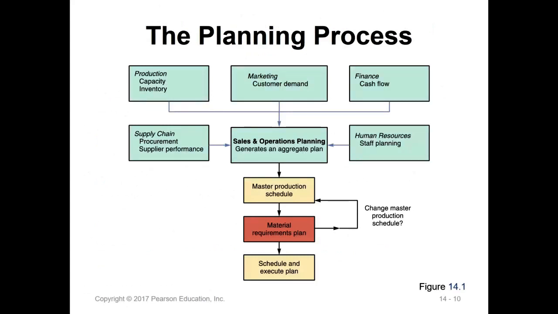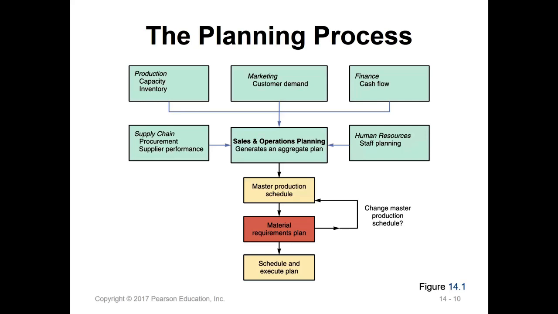So for the planning process I just mentioned, we have to use input from everywhere in the company, including production, marketing, even accounting and finance, supply chain management, sales and operations, and human resources.